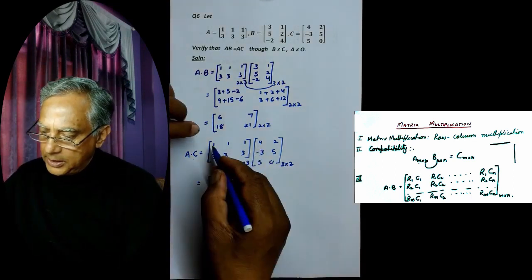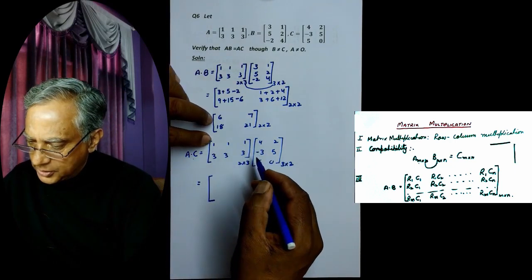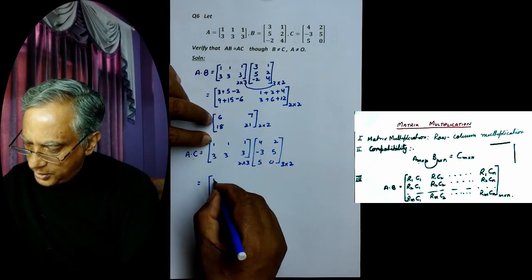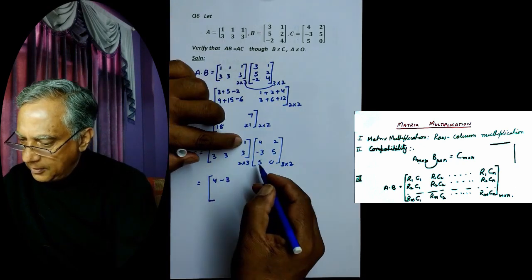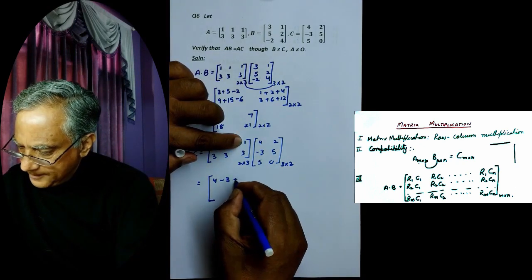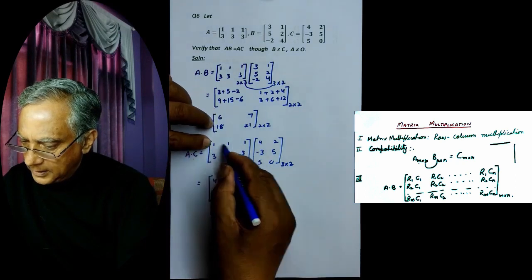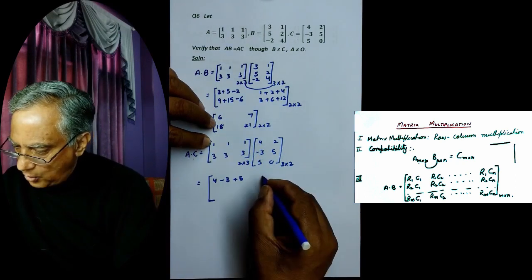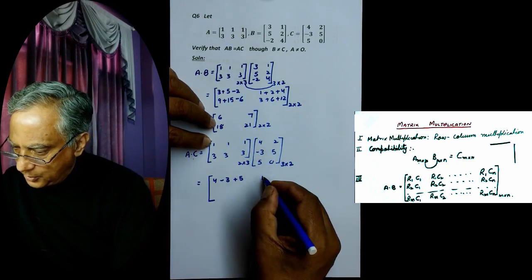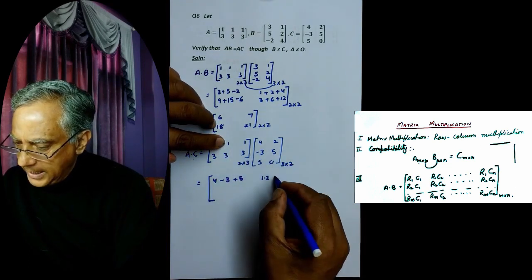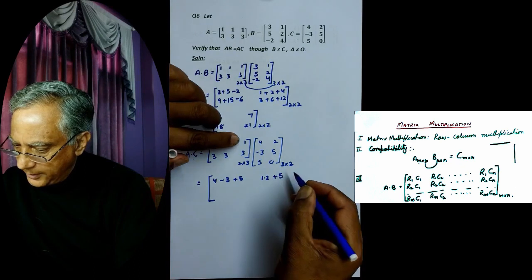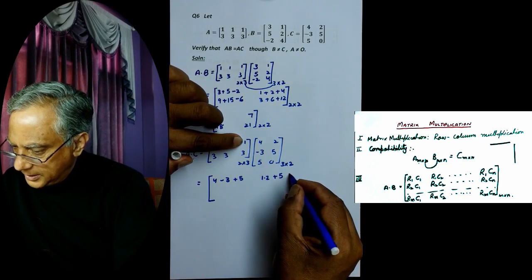So this into this. Multiply this row with this column. 1 into 4 is 4. 1 into minus 3 is minus 3. 1 into 5 is 5. This with this. First entry with first, it is 1 into 2. Second entry with second, that is 5. Third entry with third is 0.